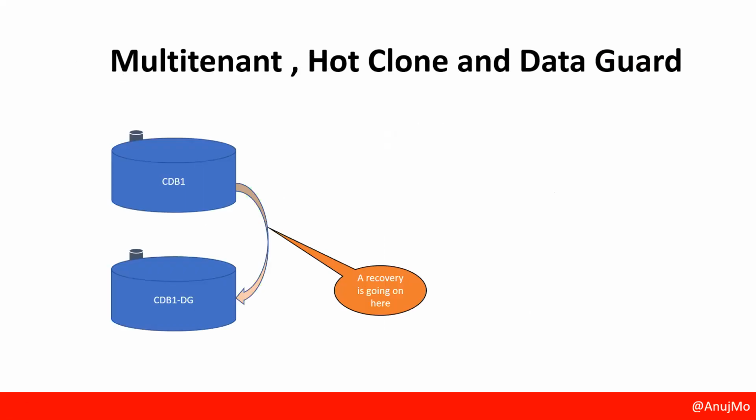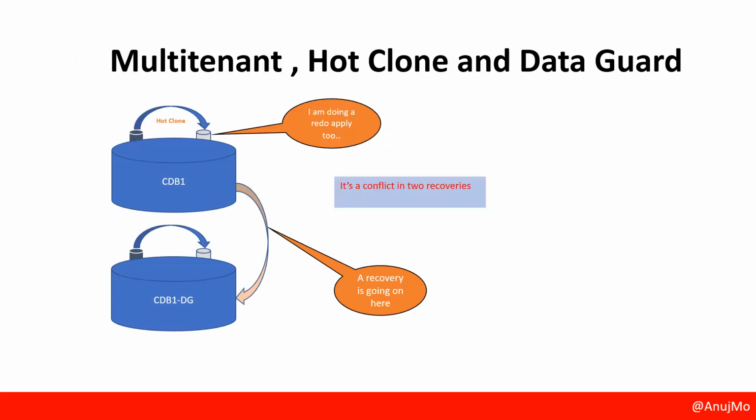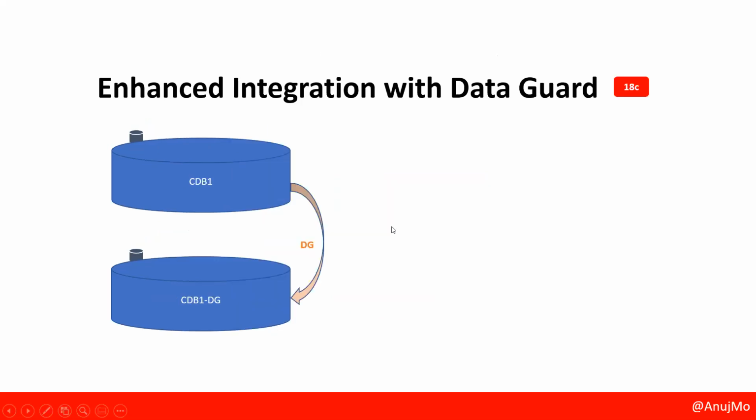Another new feature is hot clone. If you are using multitenant, you do hot clone in a Data Guard environment. There was a problem, because if you have Data Guard, you have a redo apply going on here, and if you do a hot clone, there will be a redo apply here too, and potentially there will be a conflict. So in 18c, they came up with an enhanced integration with Data Guard.